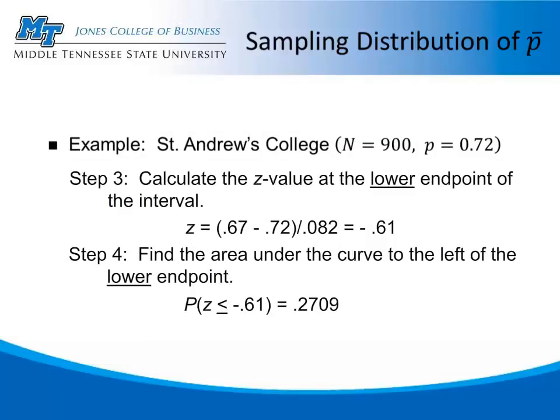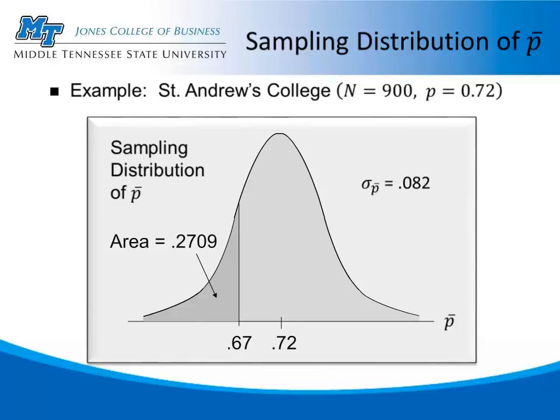So when we convert the 0.67 to a z-value, we get a negative 0.61. And then we can go to the other side of the z-table and look up the negative 0.61, get the probability that's less than or equal to that, and it's 0.2709. And then all we have to do is take the difference between the two probabilities to get the answer to the question.